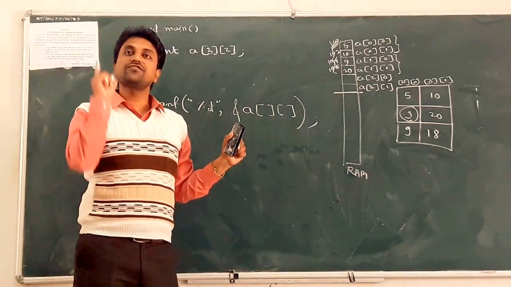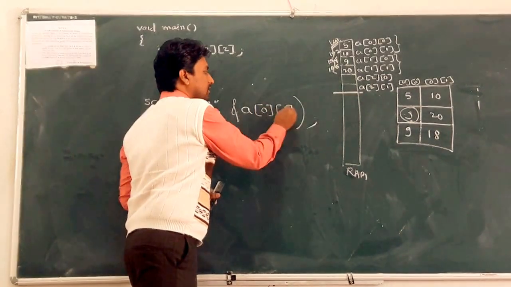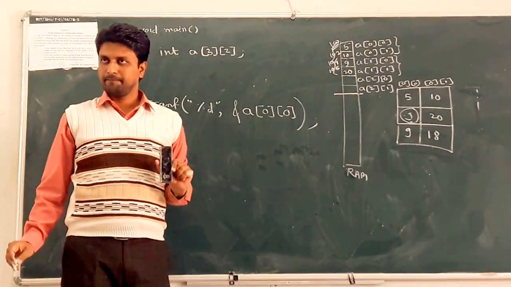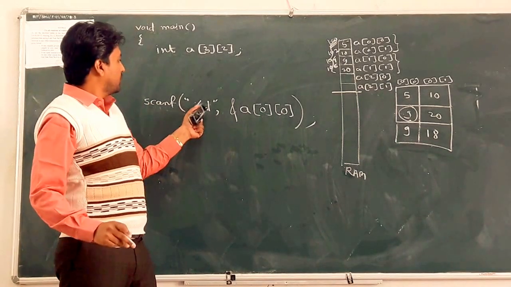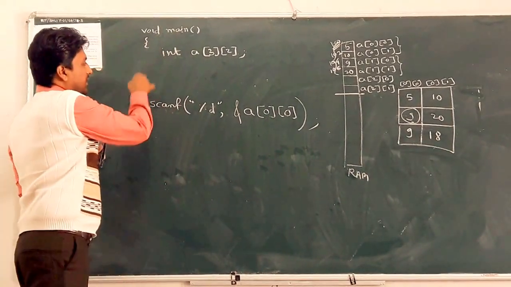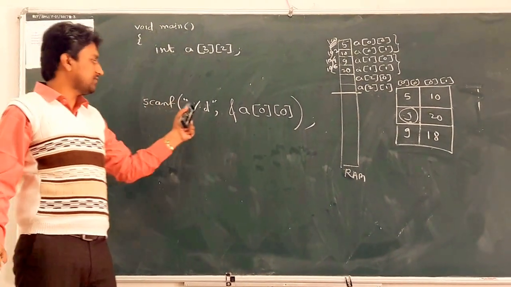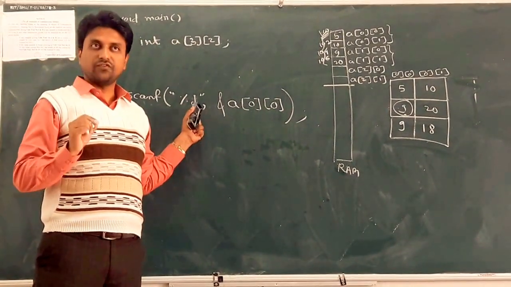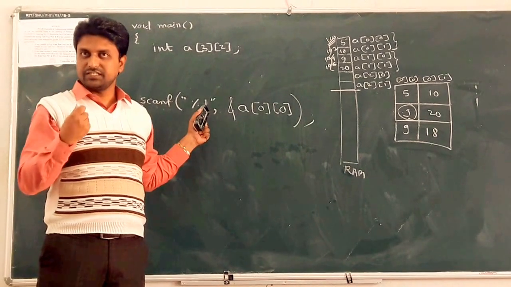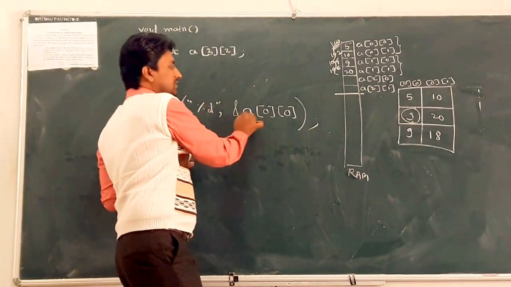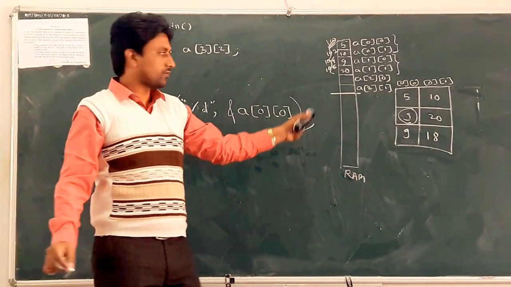So for the first element we write 0 0. When your program runs, after this scanf statement the cursor blinks for scanning the first integer value, which is stored at the address of A of 0 0.